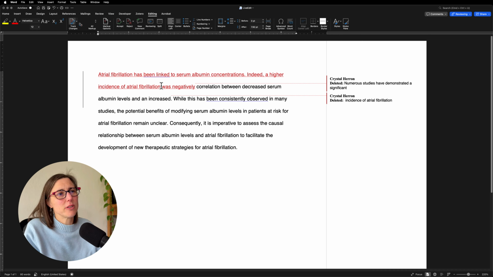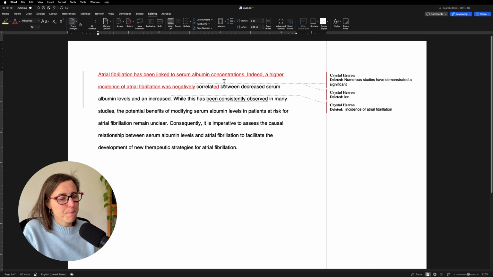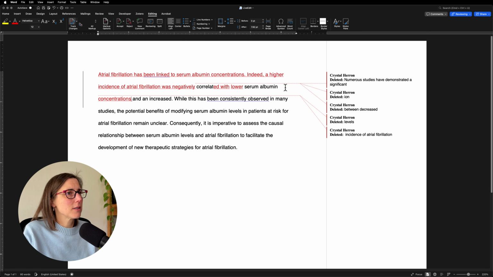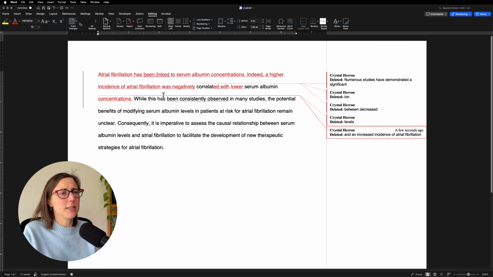What is this actual relationship? I'm going to add in the word negatively. So negatively correlated, and we don't want decrease, we're going to say lower serum albumin concentrations. And then get rid of the rest of this sentence here. So now we have, indeed, a higher incidence of atrial fibrillation was negatively correlated with lower serum albumin concentrations.